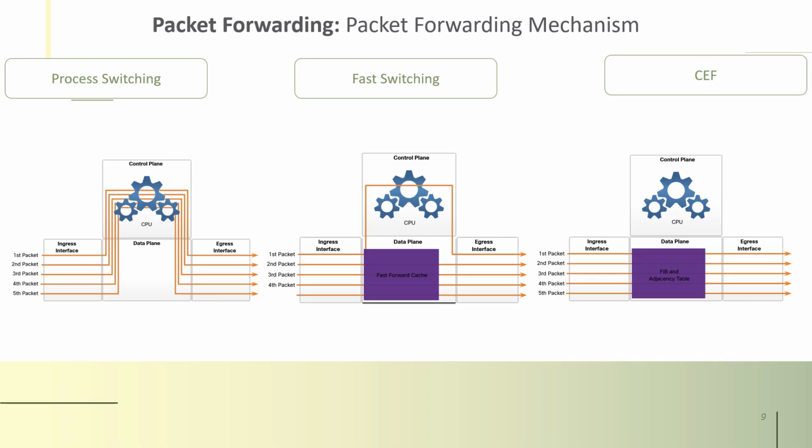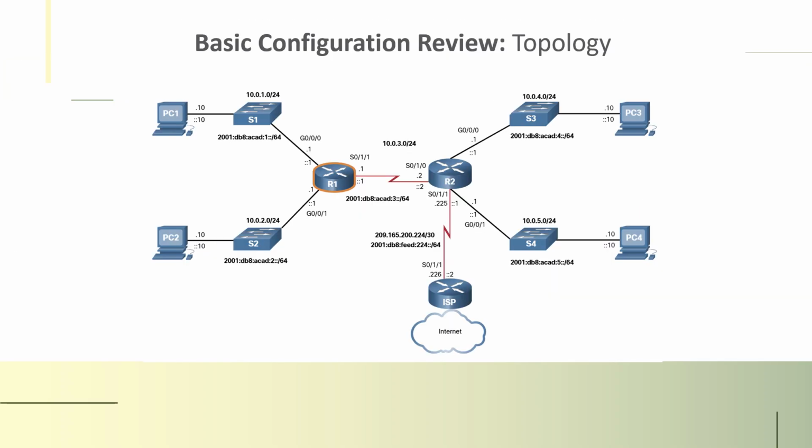But before diving into the details of the IP routing table, here we will review basic router configuration and verification tasks. So we have this network, which will be used for configuration and verification examples. It will also be used in the next topic to discuss the IP routing table.